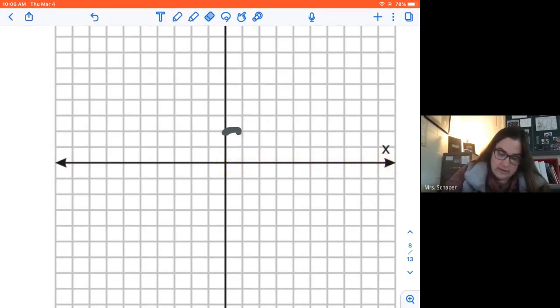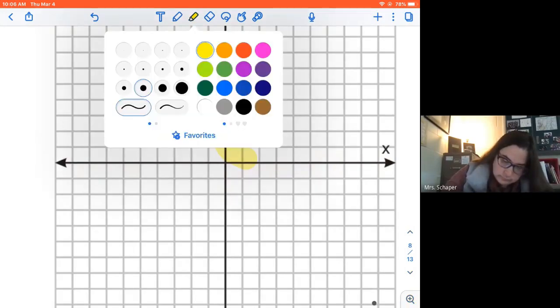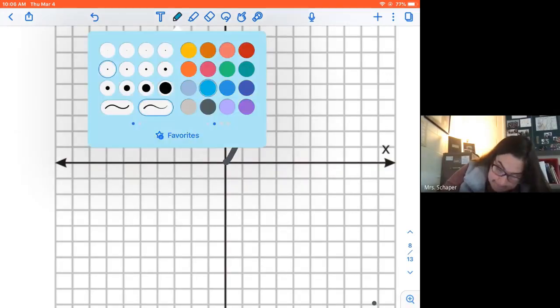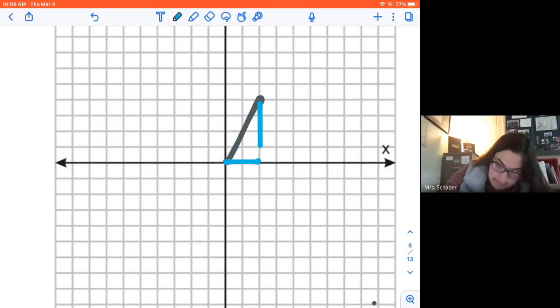So when I look at this, let me get my picture drawn again. So it was here, like this, right? So I can draw myself a right triangle. And I can find my measurement because I know that this is over 2 and this is up 4.